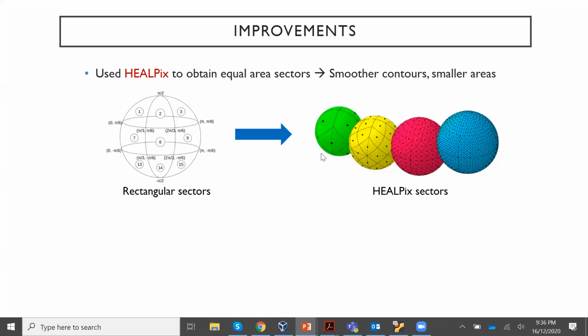Those of you who work on cosmology might have heard of it or even used it. It was specifically designed to work with CMB data. So I go from rectangular sectors to HEALPix sectors, which I get out of this software called HEALPix.